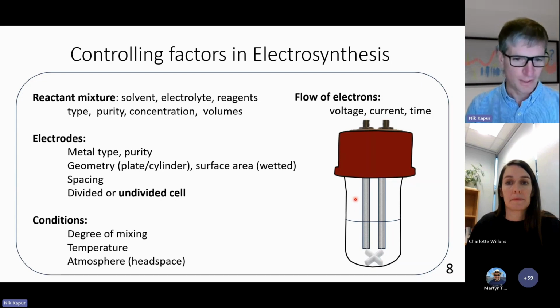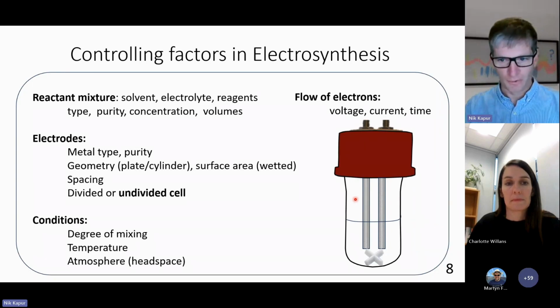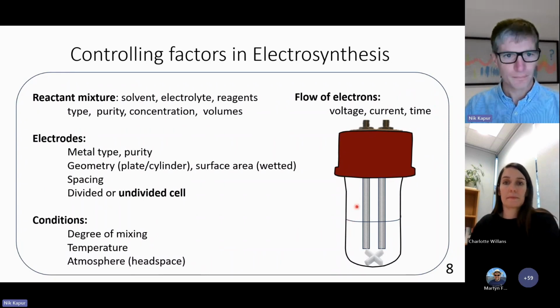For instance, the electrodes are always 6 millimeters apart from each other, whatever the thickness of the electrode. Because you're sitting this on a conventional stir or hot plate, you can maintain the degree of mixing within the fluid, particularly between the electrodes, and also things like the temperature. Those are really important parameters that you want to control for repeatable reactions.